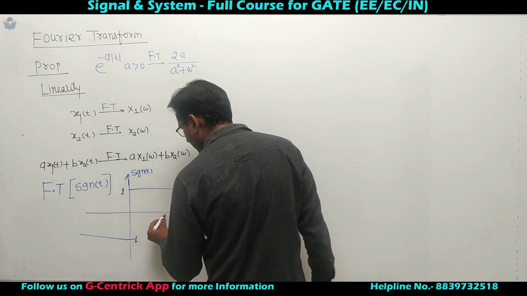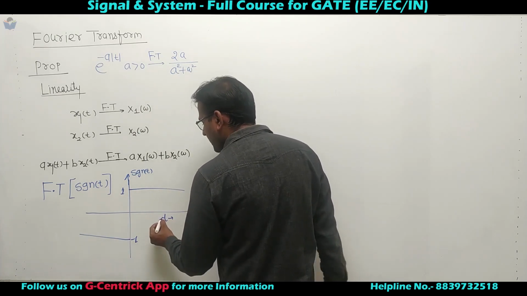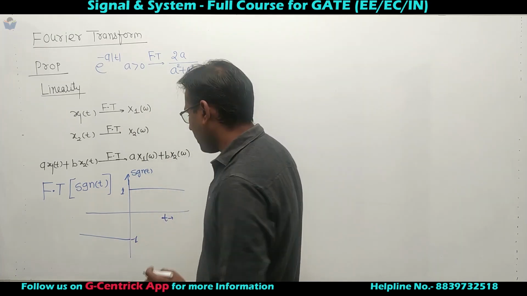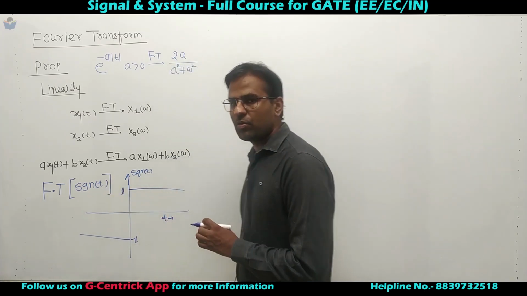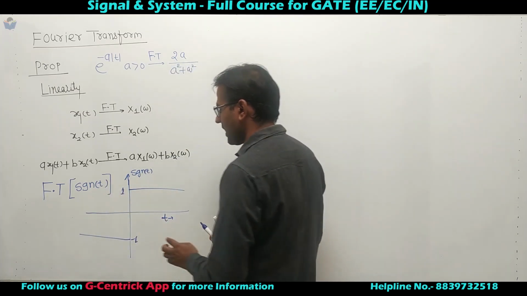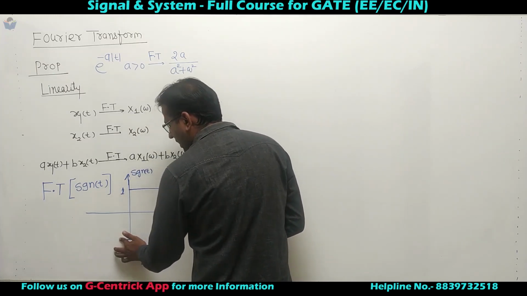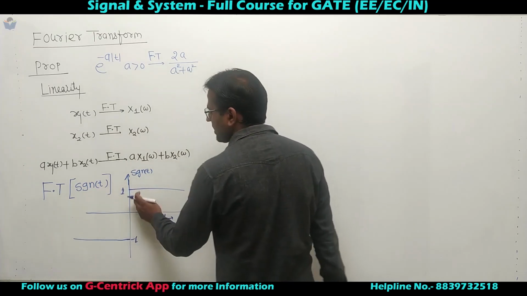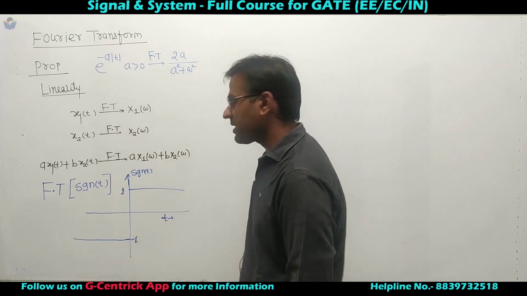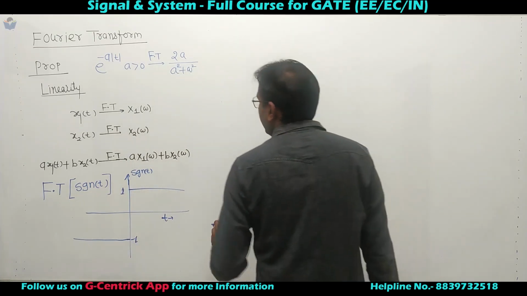This is signum t and this is t. Because this function is not defined at t equal to 0, I will use some analytical method to calculate the Fourier transform of signum t. A function should have a definition at every instant of time. The function's definition is not here, there is a discontinuity. So how do we calculate it? Let us see.